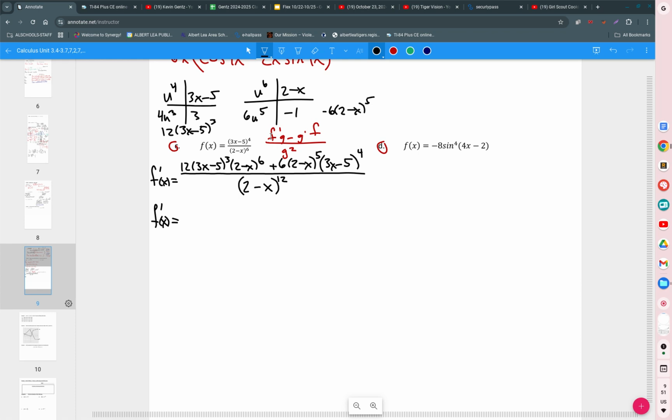What common factor do I take out of the top? Let's start with the coefficient. 6. 6 times 3x minus 5 to the 3rd times 2 minus x to the 5th. That is my common factor. As I take out the common factor, what remains here? 2 times 2x.